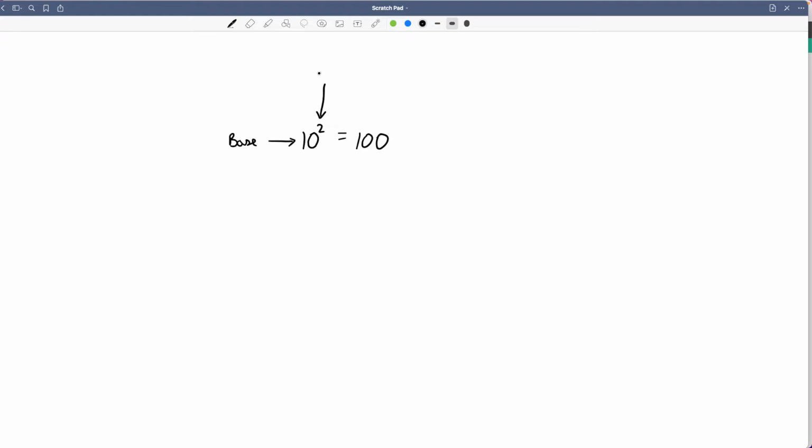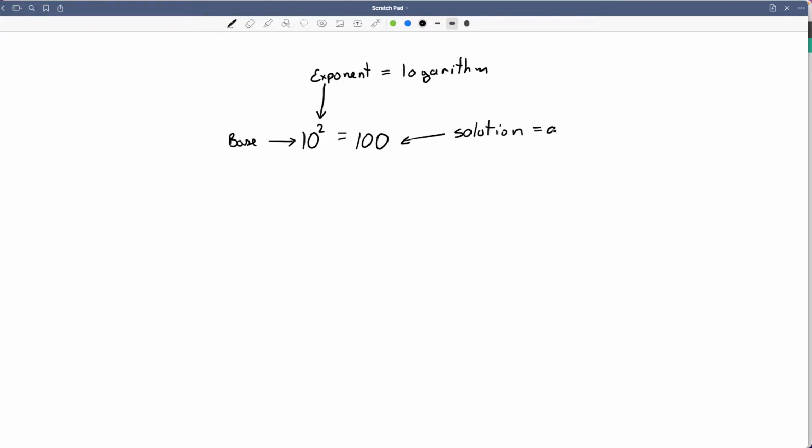And we know that 2 is our exponent. The exponent is the logarithm. It's the same thing.